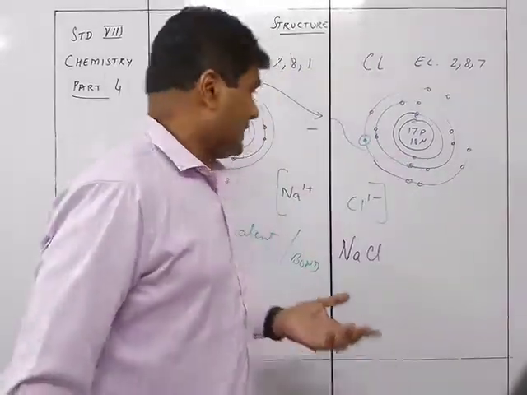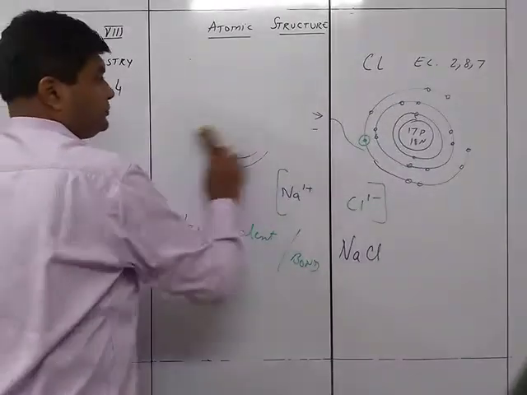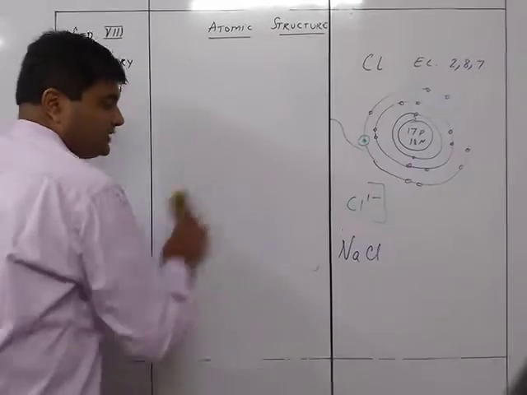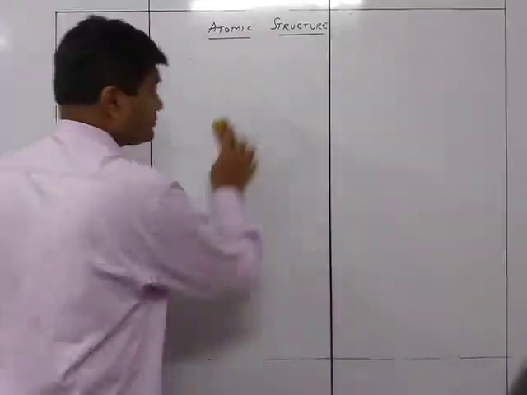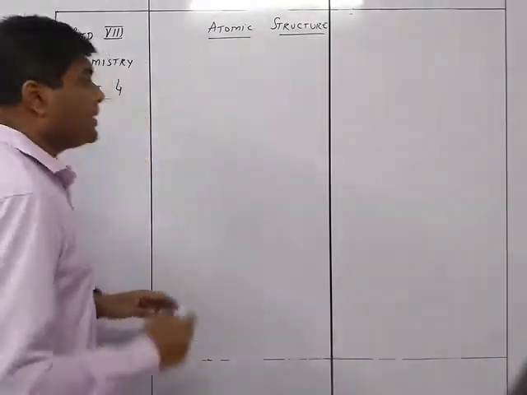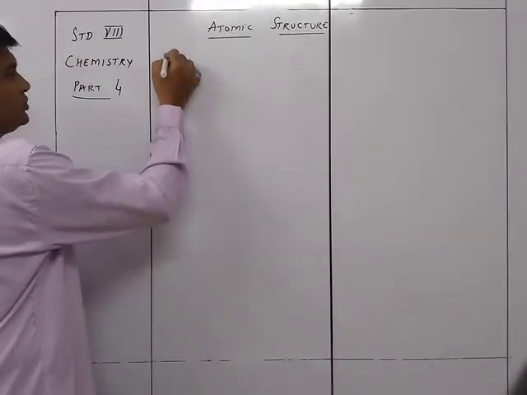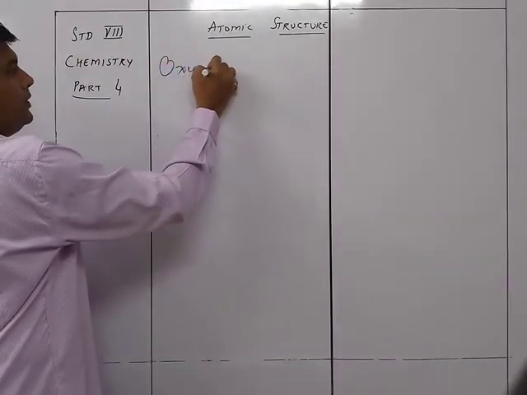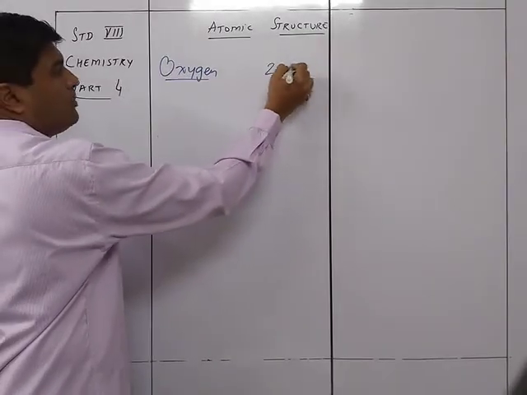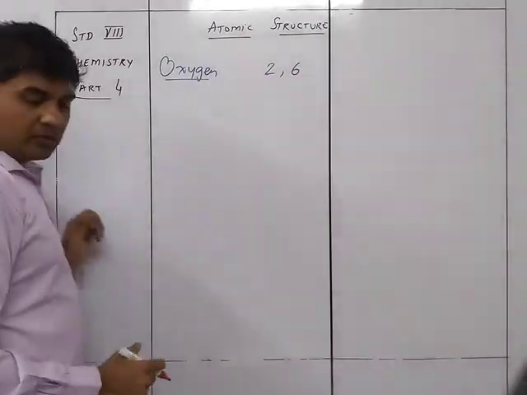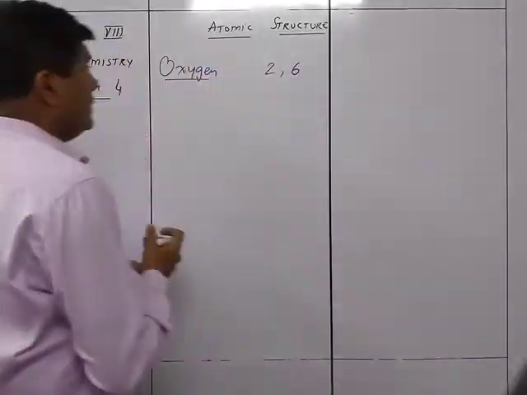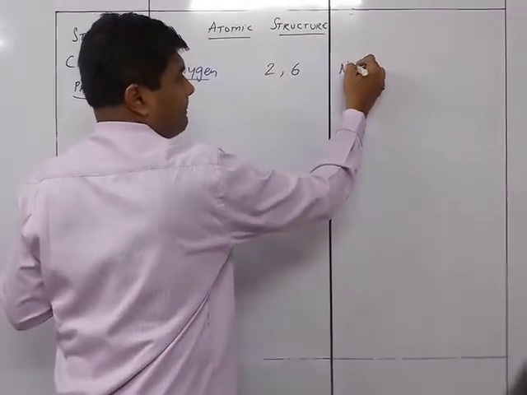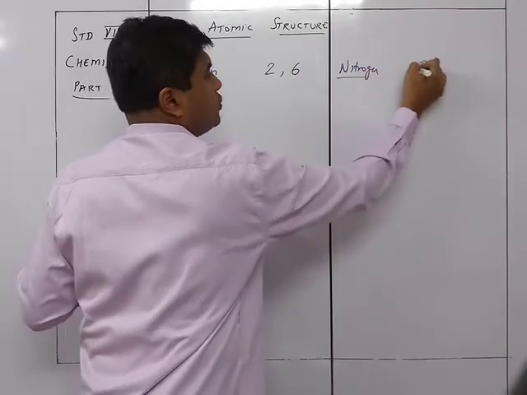Okay, so metal, let's see this thing again. Let's talk about oxygen. If I see the oxygen molecule, we know that oxygen is 2, 6, and nitrogen is 2, 5.